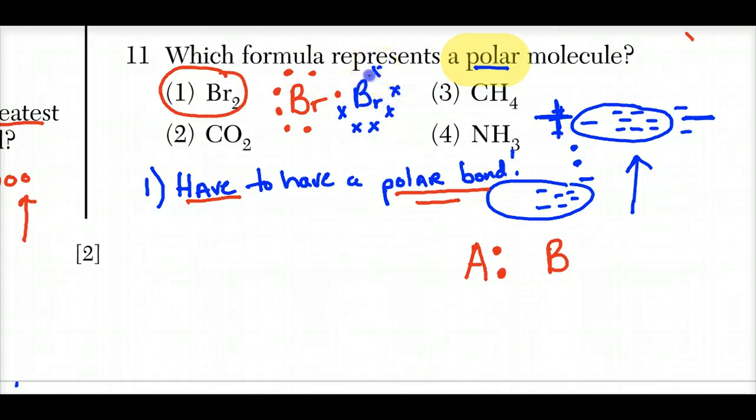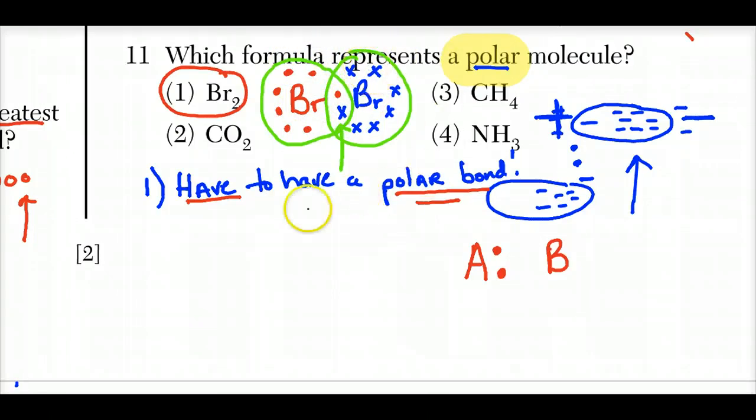Don't know why I'm doing X's when the different colors work. So you can see that by sharing, both sides have that magical 8 number. So they're both stable, and that pair of electrons they're sharing is 1 bond. But more importantly, they're sharing these equally because they're the same element with the same electronegativity.